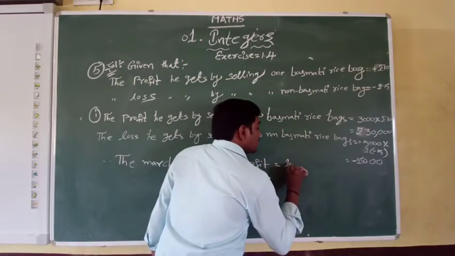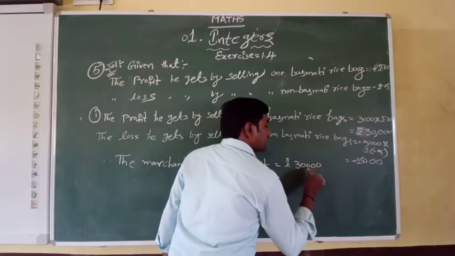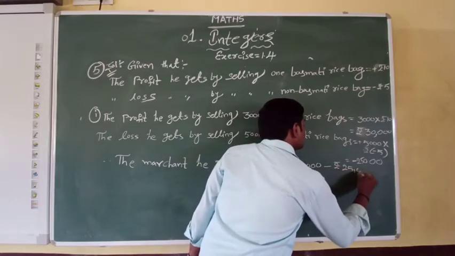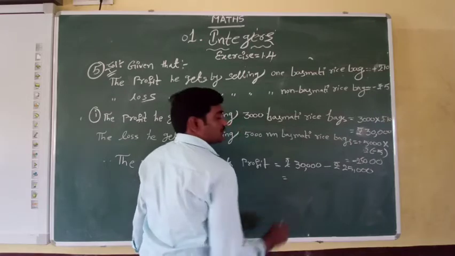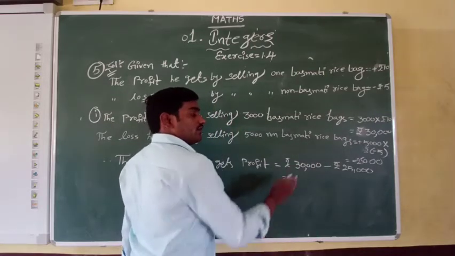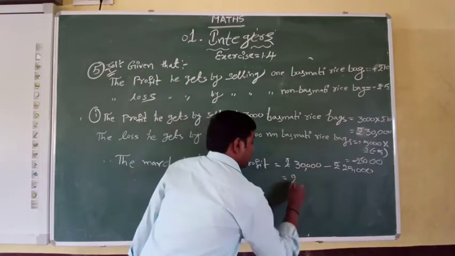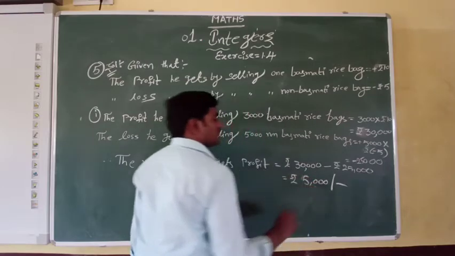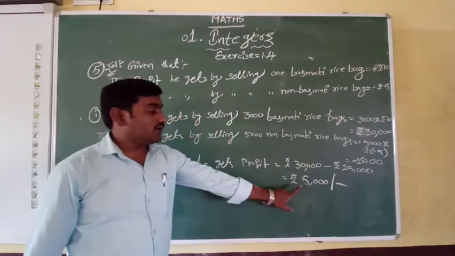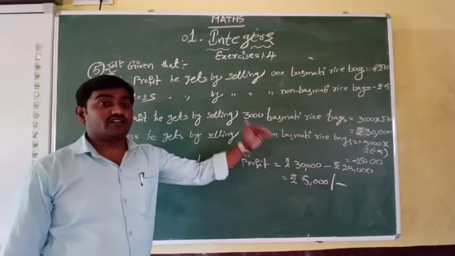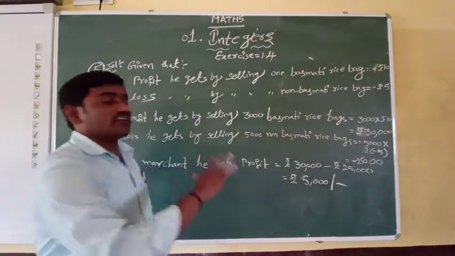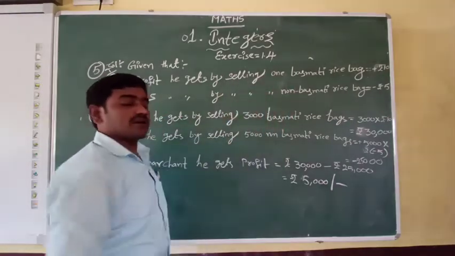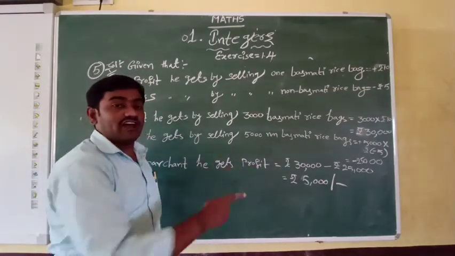He got 30,000 rupees profit on selling basmati rice, but he also lost 25,000 rupees by selling non-basmati rice bags. Even so, 30,000 minus 25,000 leaves a 5,000 rupees profit. So the merchant gets a 5,000 rupees profit in that particular month if he sells 3,000 basmati rice bags and 5,000 non-basmati rice bags.